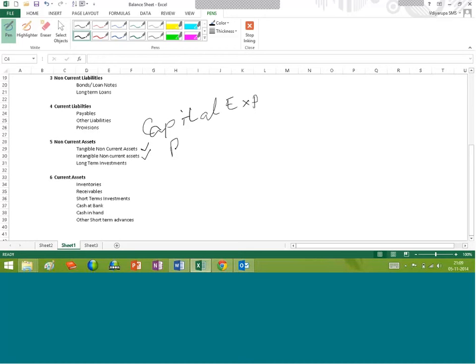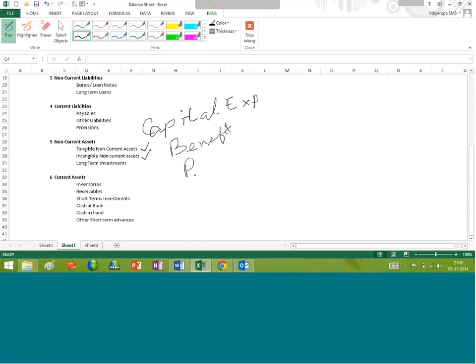The benefit can be on a short-term basis, or on a long-term basis. So any expenditure which is expected to bring in benefits within a shorter span of time is eligible to be referred to as revenue expenditure.